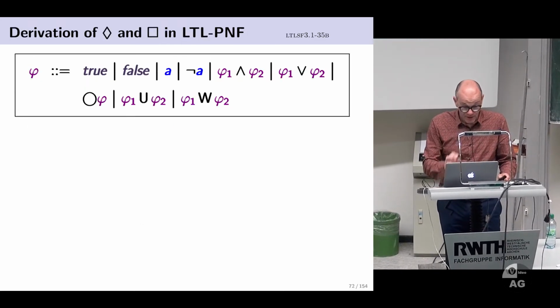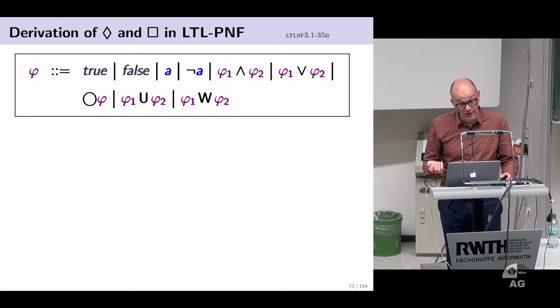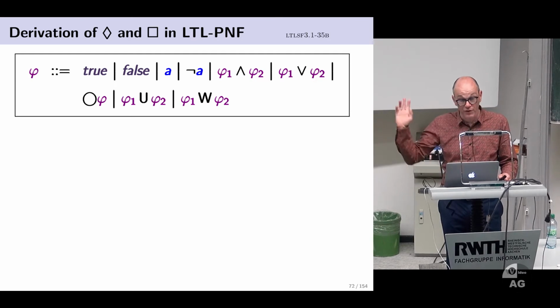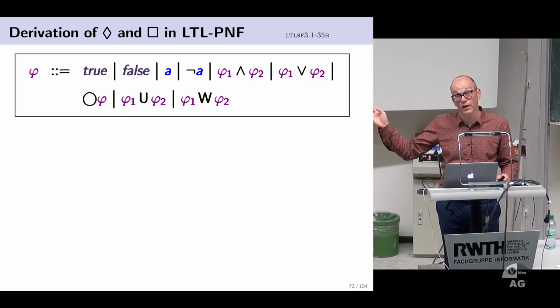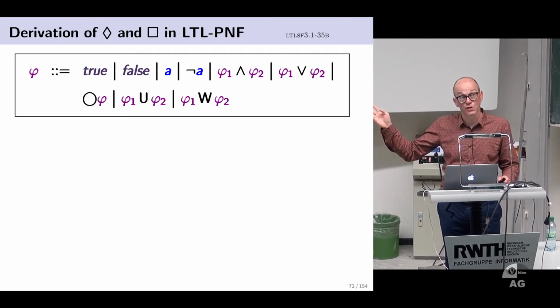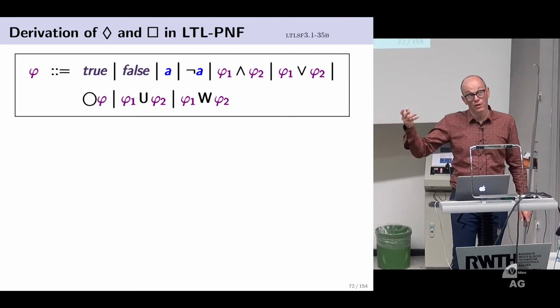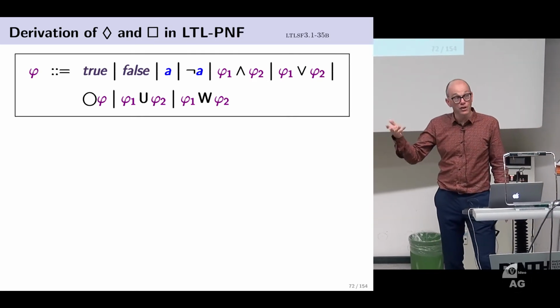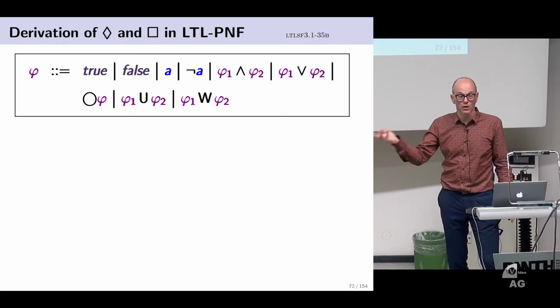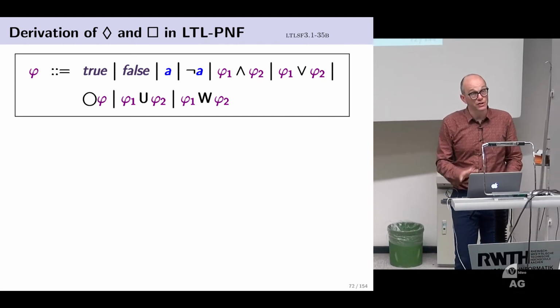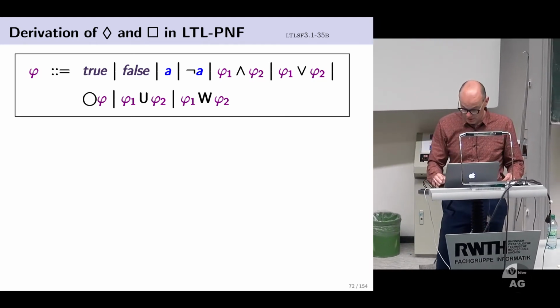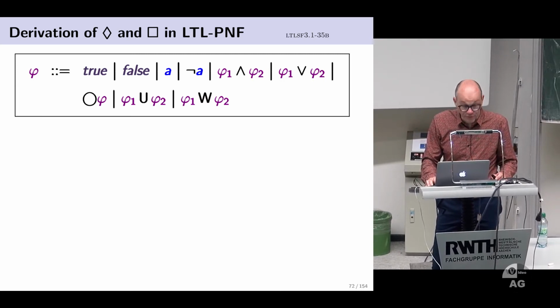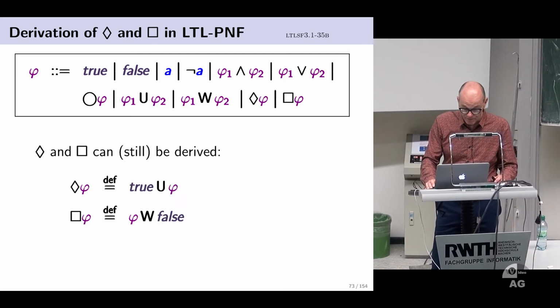Good. Now we're going to see that the expressiveness of this logic is the same as for LTL. So in terms of the set of LT properties that you can describe, these two logics are identical. Syntactically they are different, but expressiveness is actually the same.